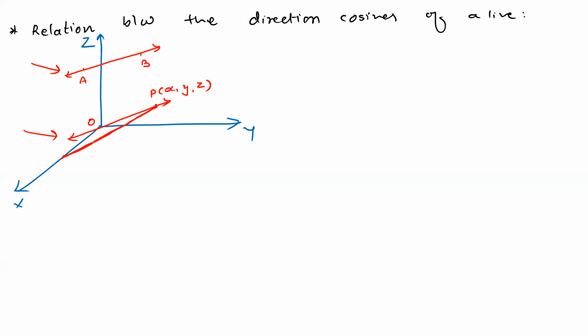Suppose I took a perpendicular from P to the x-axis. Here it is perpendicular, this one is 90 degrees. Suppose I write R over here. Let me draw a right angle triangle. This is your origin, this one is OP, and we drew a perpendicular on the x-axis, and that is R.